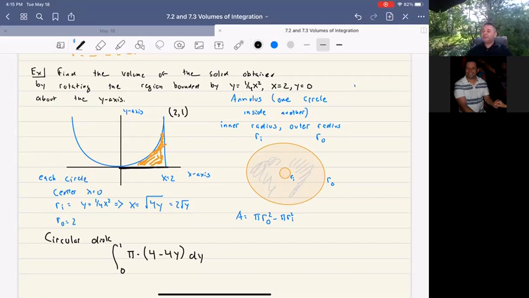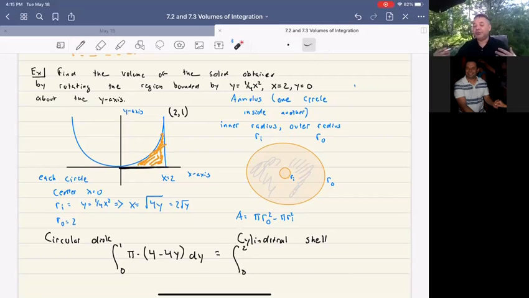Now, I'll be honest, doing the cylindrical shell, this one's a lot easier because you're just doing this way, right? So this should also equal, using the cylindrical shell method, the integral from 0 to 2.